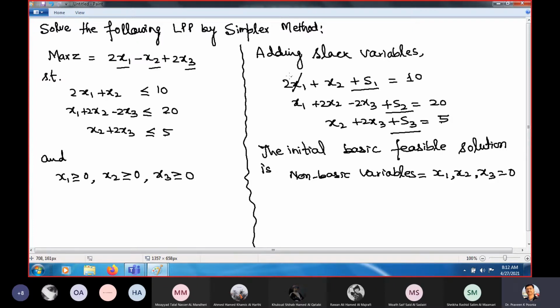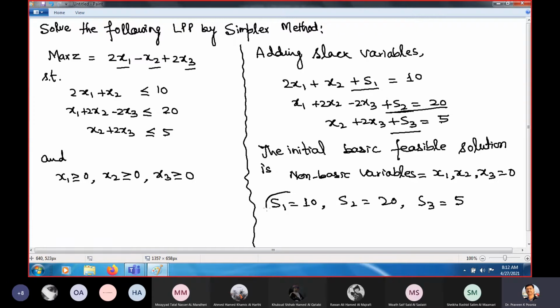If we put x1 equal to 0, x2 equal to 0, what will we get? S1 is equal to 10, S2 is equal to 20, and S3 is equal to 5.